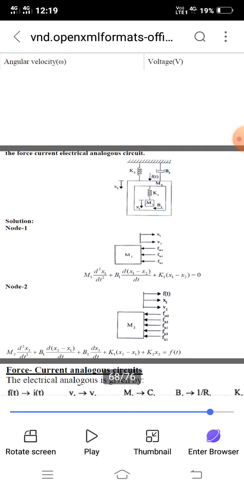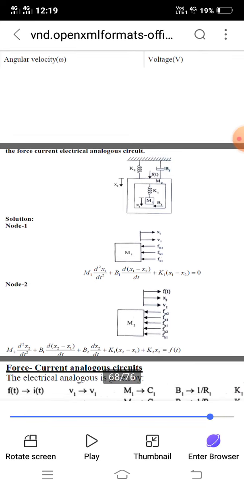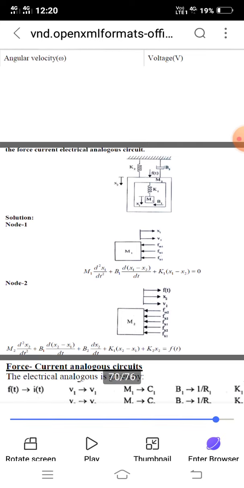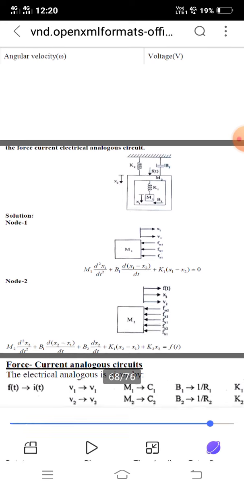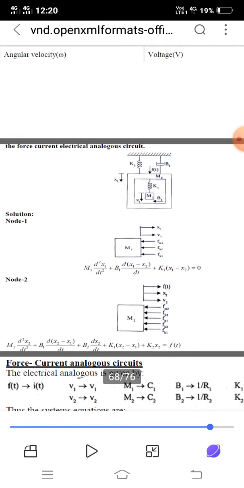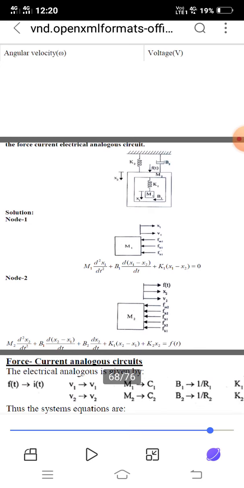These are all the features consisting here. Based upon those features, we make this equation and substitute the relevant formulas of mass, viscosity, and spring. So the mass formula is m1 d square x1 by dt square.